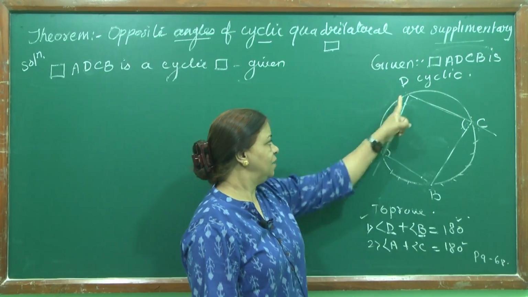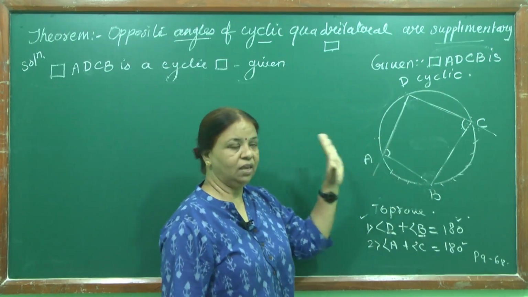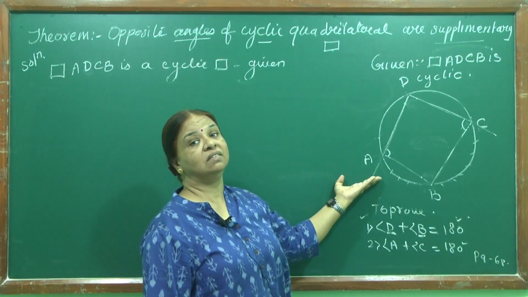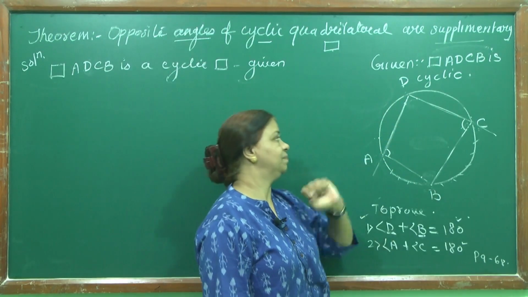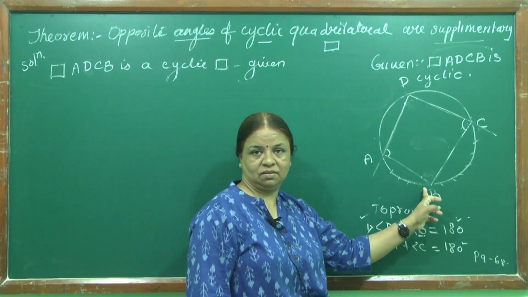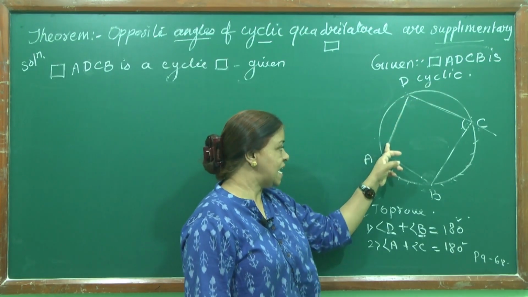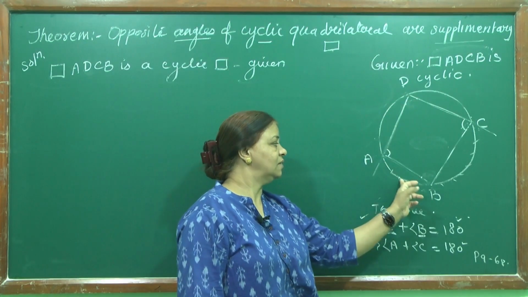So DAB plus DCB. Now DAB is inscribed in which arc? DAB. See how my fingers are moving. When I am talking about angle DAB, this is the angle and this is the arc.